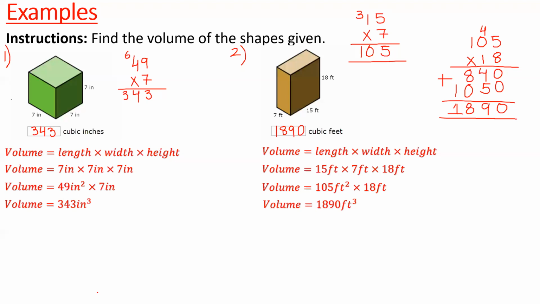Do you understand how we got our answer? Yes, sir. Okay, how about you, Shekinah, do you understand? Yes, sir. Okay, good. Samaya King, do you understand how we got our answer? Willon, do you understand? Yes, sir. Good.